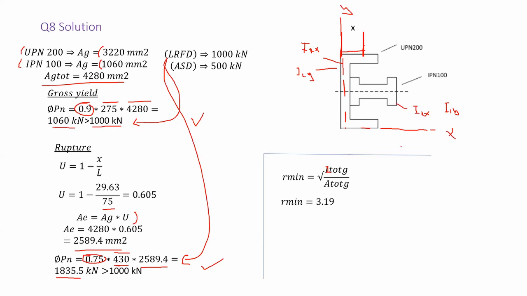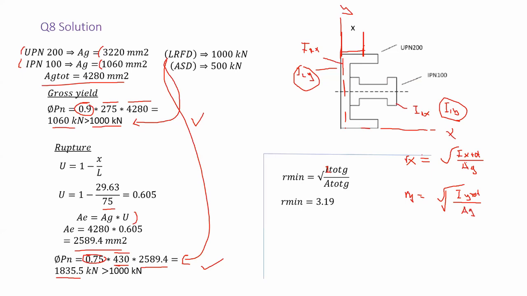Now, when you consider this, you will get rx, which is equal to the square root of Ix total divided by Ag, the gross area for the whole built-up section. You will also calculate ry, which is the square root of Iy total, which is basically the summation of I2y plus I1y, divided by Ag.